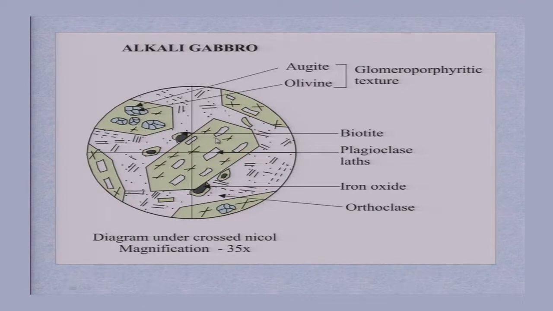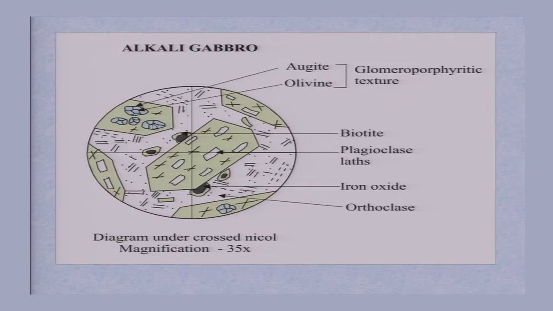Alkali gabbro is slightly different mineralogically, but texturally also it is slightly different, in the sense that it contains glomeroporphyritic texture. Glomeroporphyritic means so many phenocrysts are clustered together at one place. See my cursor carefully. These are the augite phenocrysts. They are clustered together at one place, giving rise to a glomeroporphyritic texture.